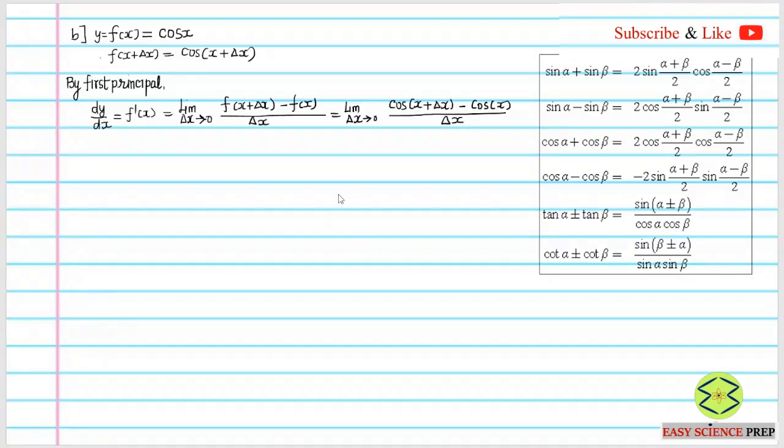So now if you look at this, you will see I can use the cos A minus cos B, or cos alpha minus cos beta, this particular rule.